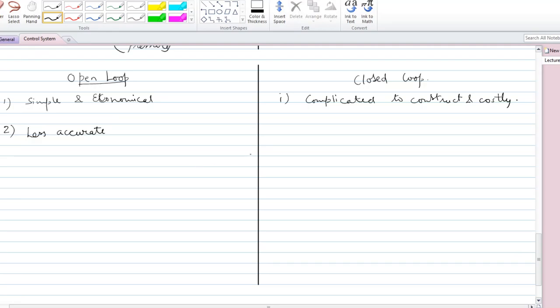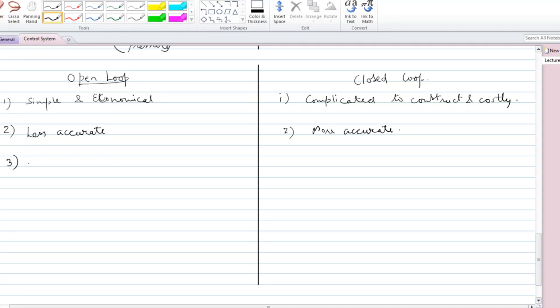So these are actually less accurate, and these systems are more accurate, and actually this is possible because your output is continuously compared with the desired value, and the control action works to reduce the error signal, so more accuracy is there.